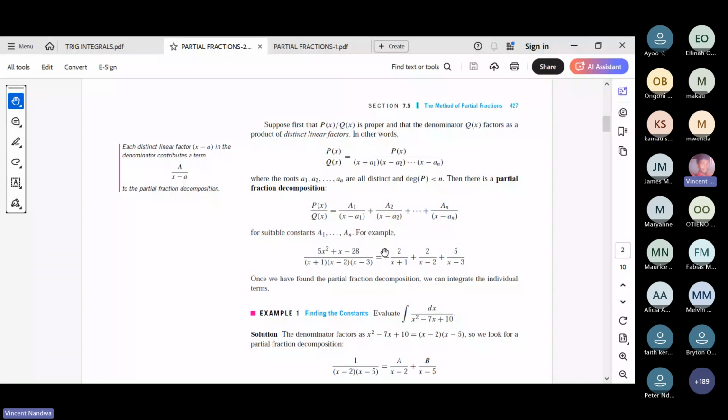So which means you can apply this definition of partial fraction decomposition. Please take your pen and pencil. I want to see how these values are obtained.